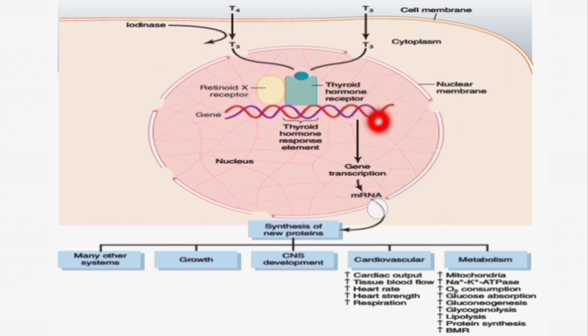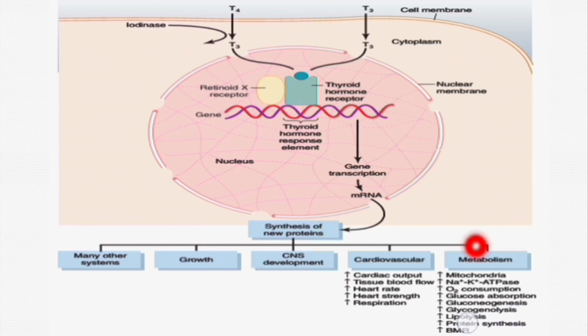Now, it causes gene transcription, and as a result of gene transcription we get messenger RNA, and then translation occurs and a lot of new proteins are formed. The net result is a generalized increase in functional activity throughout the body. As you can see here, this hormone has a very diverse effect.